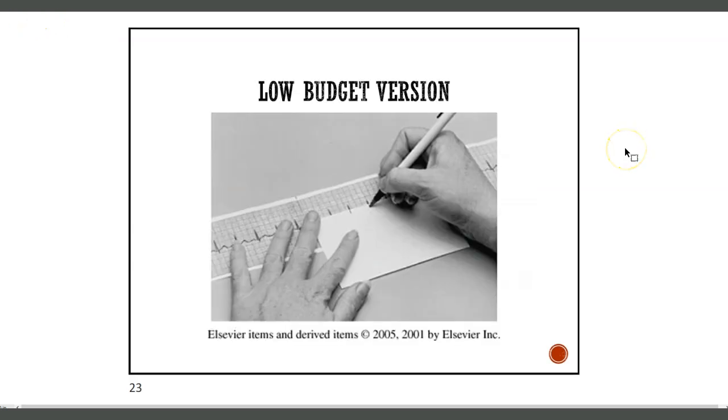Now we also have the low budget caliper. This is typically what I use. I used to have calipers, but I haven't had one in like forever. So when I'm measuring EKGs, I basically get a piece of paper and draw lines and then follow along using that paper instead of a caliper. So that's the low budget version.